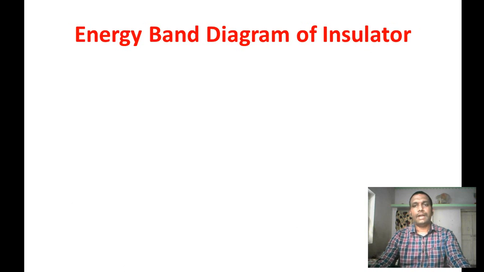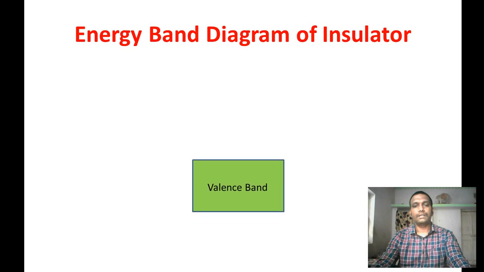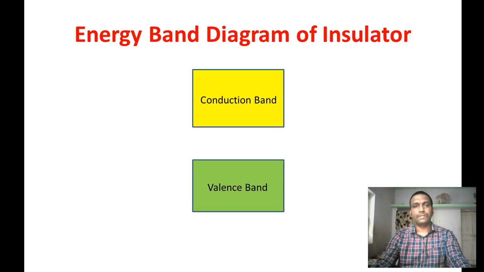Then the energy band diagram of insulator. Similarly, as in the case of conductor, it also has two bands: the valence band and the conduction band. The difference between the conductor and insulator is that the gap between valence band and conduction band is larger as compared to the conductor or also the semiconductor.